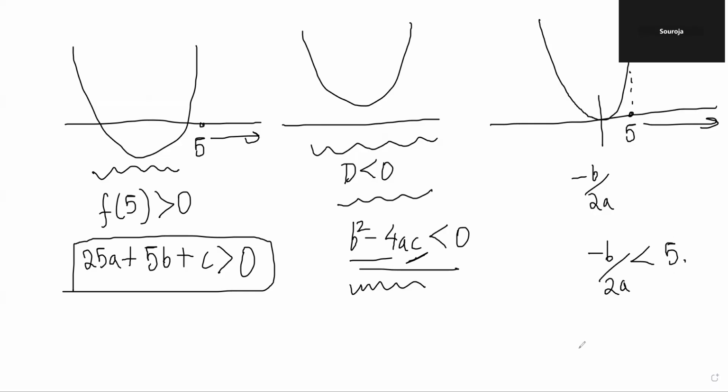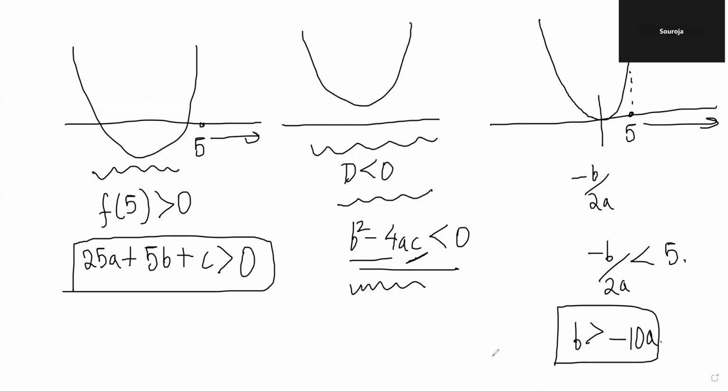And that gave us that b should be greater than minus 10a. Which means if a is positive, b can be negative or positive, which is a correct option. So it's not like there is a single answer to it. There is more to it here. But according to the options, that's the only reasonable option, I think.